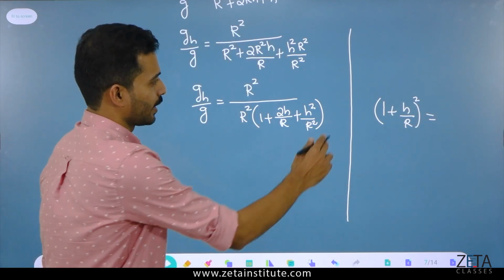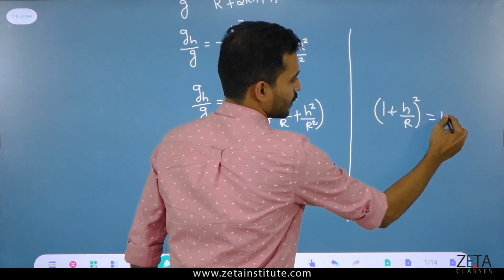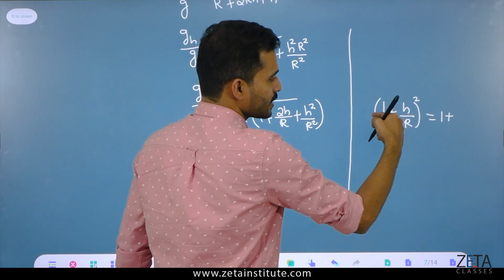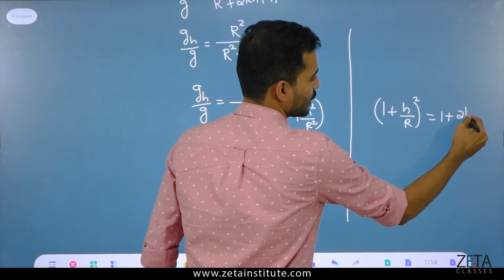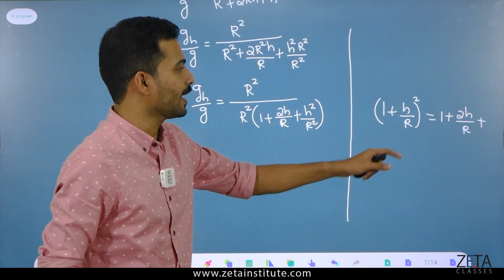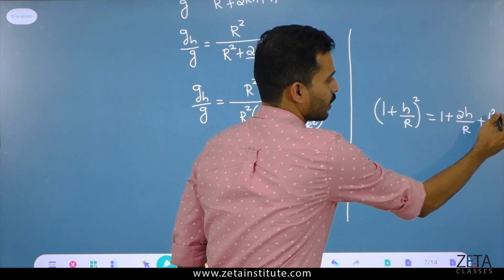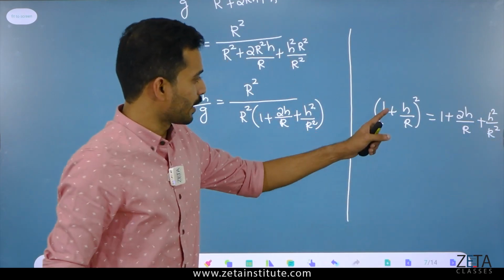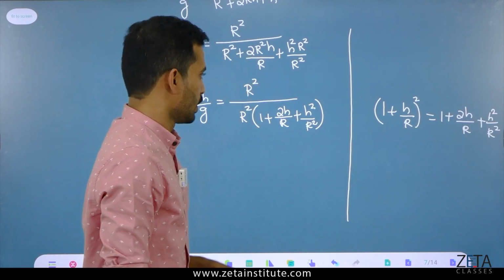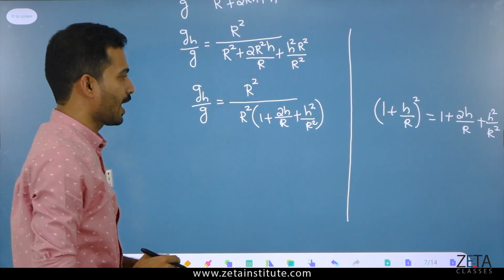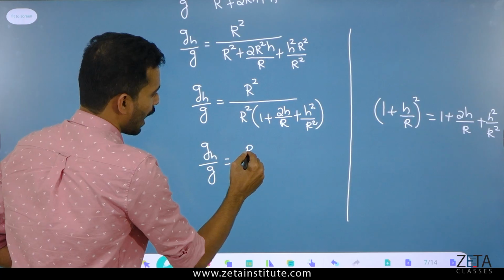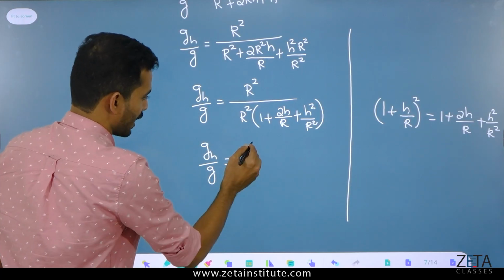Expand it: a square, that is 1 square, plus 2ab, that is 2 into 1 into h by r, so we can write 2h by r, plus b square, b is h by r, so b square means h square divided by r square. So 1 plus h by r whole square can be written as 1 plus 2h by r plus h square by r square. That is given by gh by g is equal to r square. Before that we can cancel this r square.